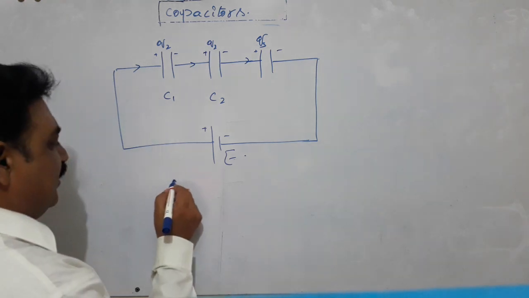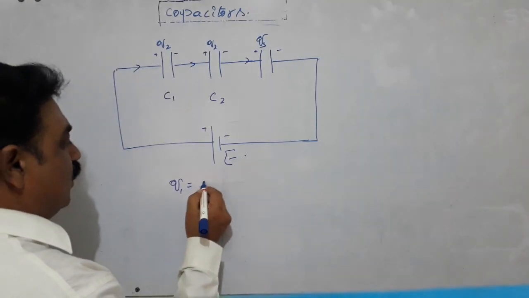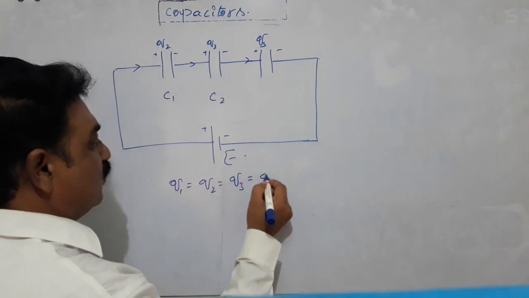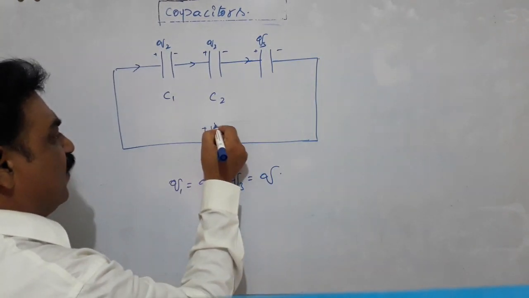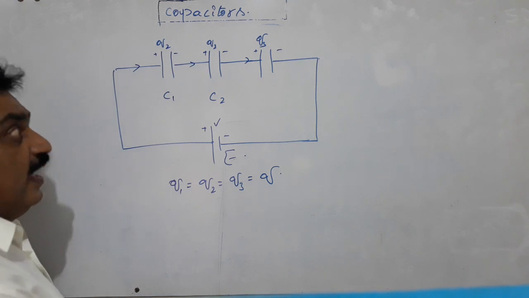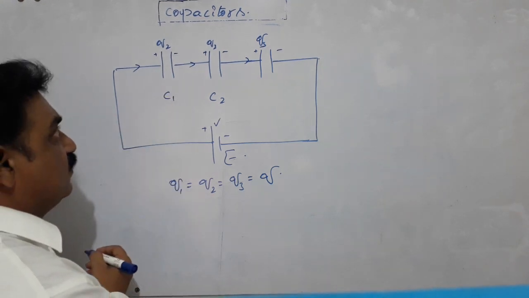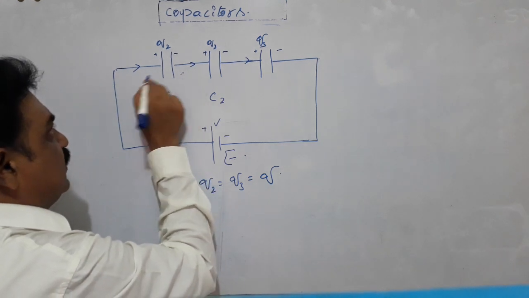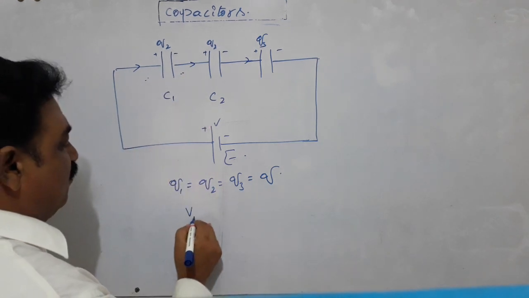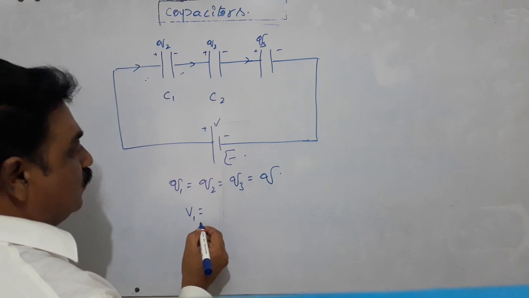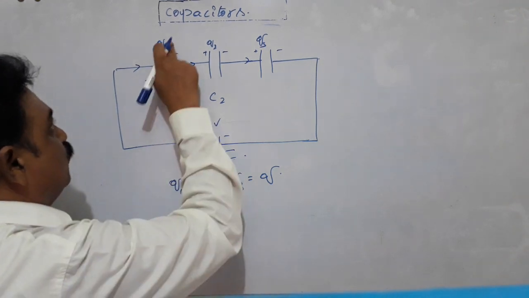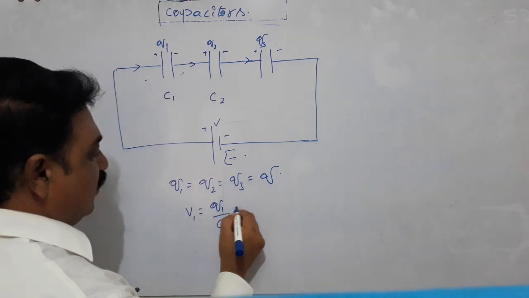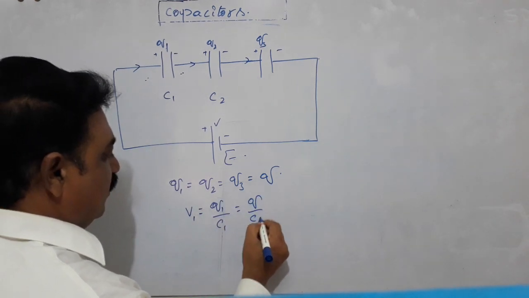Therefore, Q1 equals Q2 equals Q3 equals Q. This Q is drawn from the cell. The potential difference across the first capacitor is V1 equal to Q1 by C1, that is Q by C1.